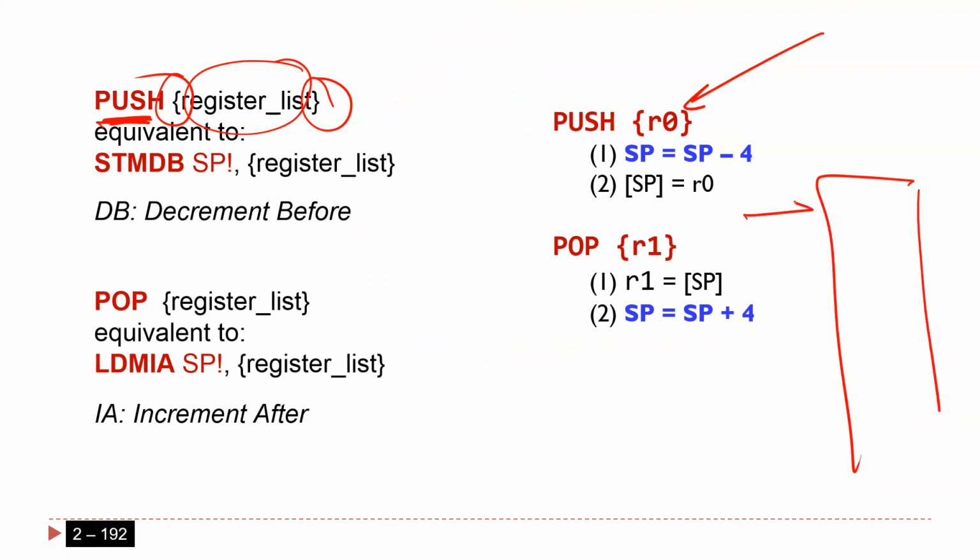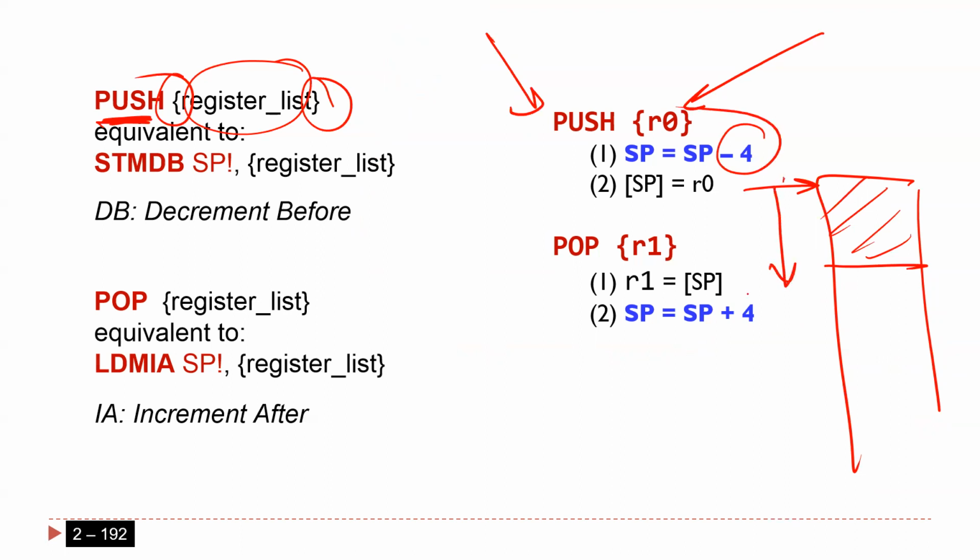If the stack pointer is here, again, these are 4 bytes. If the stack pointer is here, every time you want to add to the stack, you have to decrement, not add, decrement. So the stack pointer has to move to here, to an empty place, and then it has to store the value of R0 there.